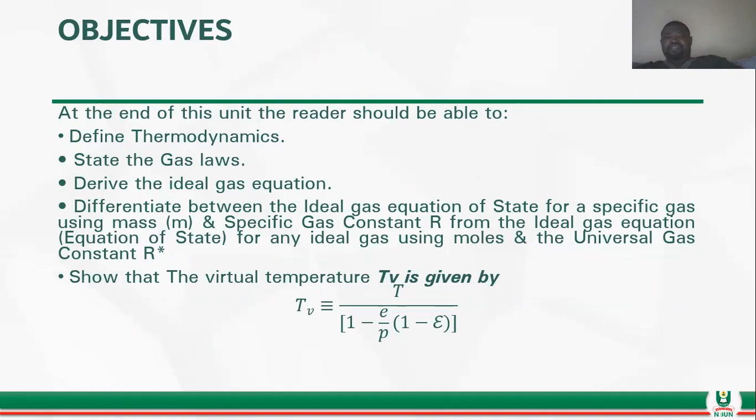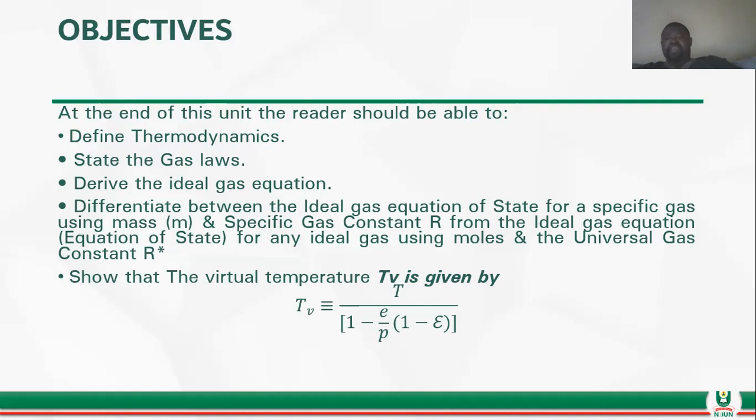At the end of this unit, you are expected to be able to: 1, define thermodynamics; 2, state the gas laws; 3, derive the ideal gas equation; and 4, differentiate between the ideal gas equation of state for a specific gas using mass, that is m, and specific gas constant R, from the ideal gas equation for any ideal gas using moles and the universal gas constant R star.